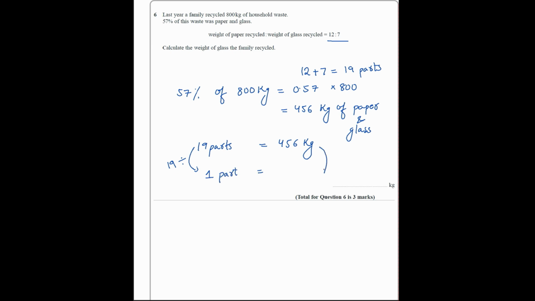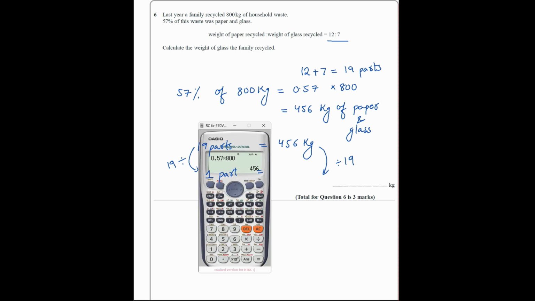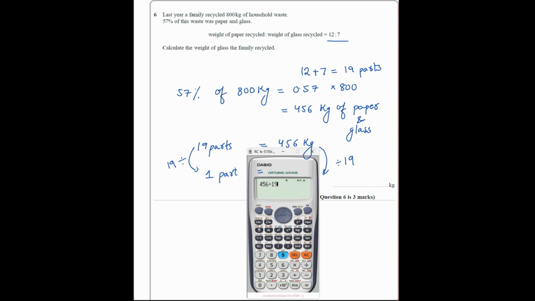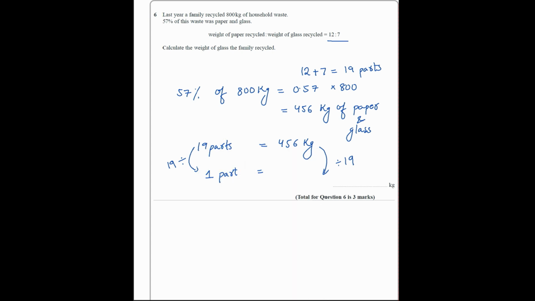Therefore, 456 divided by 19 equals 24. So one part is representing 24 kg.